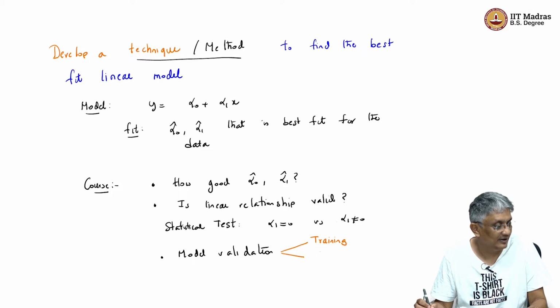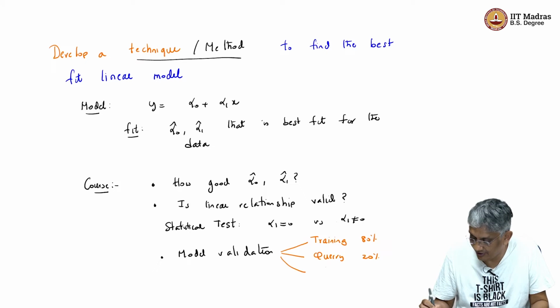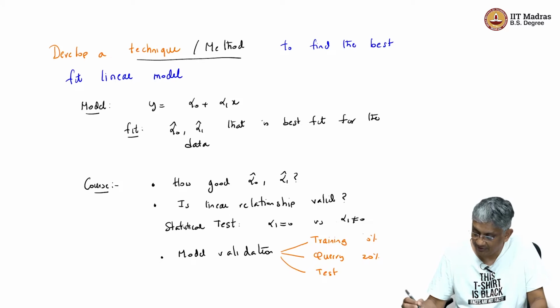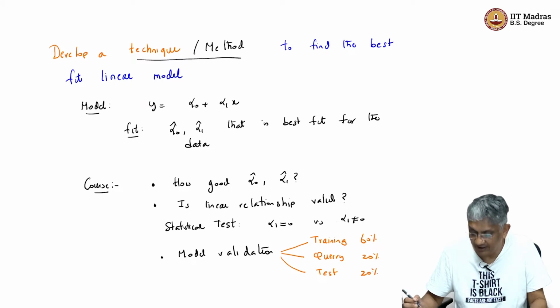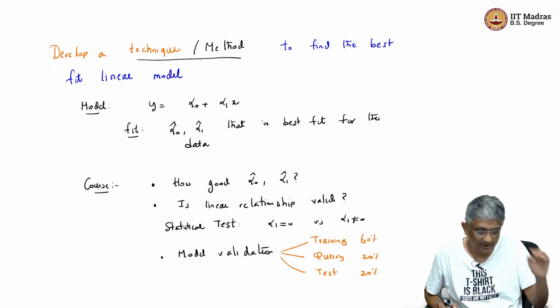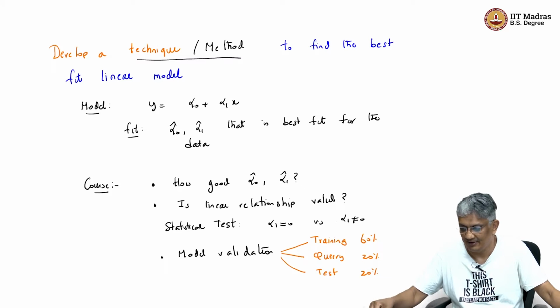Then you'd have a query data set, which is about 80% of the data, and 20% you test it on the rest, or maybe 60%, and then 20% on the side. But here I will not do it this way. I will try to devise statistical tests to do this.